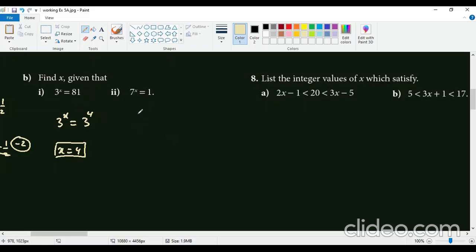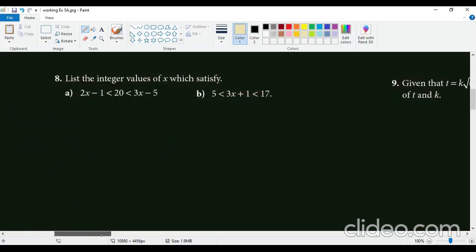Now, when it comes to 7 power x equals 1, I can write this as 7 to the power x equals 7 to the power 0. That means the value of x is going to be 0, because anything power 0 is a 1.